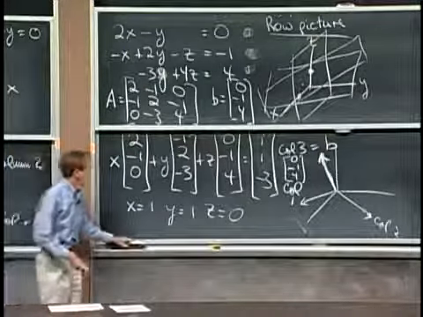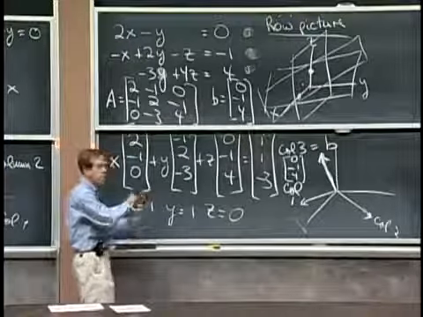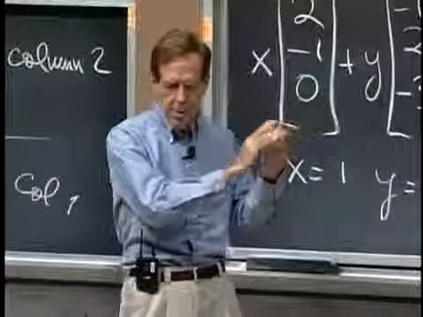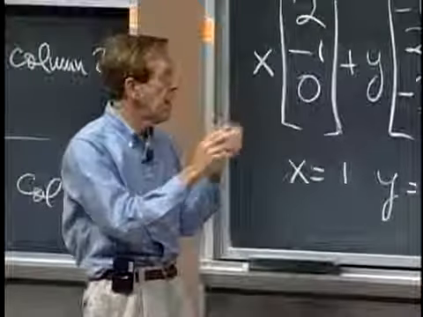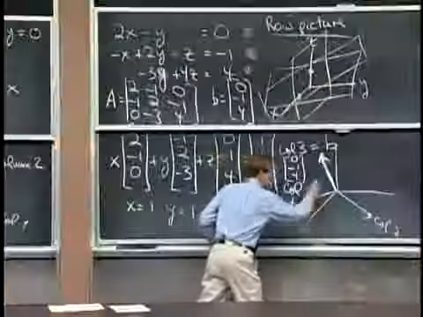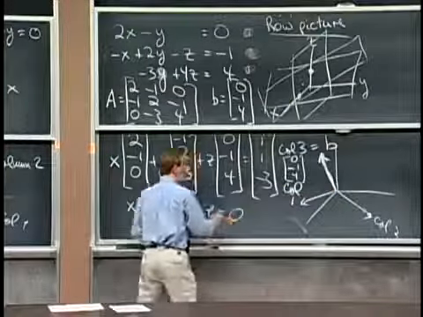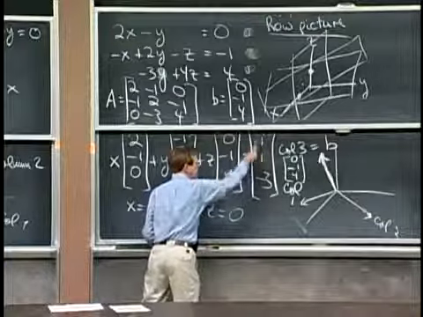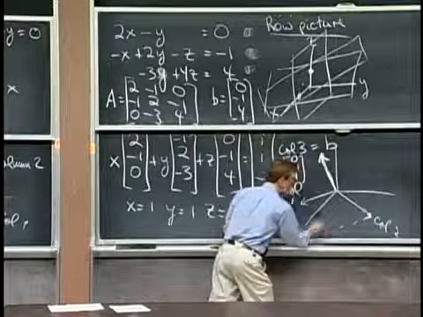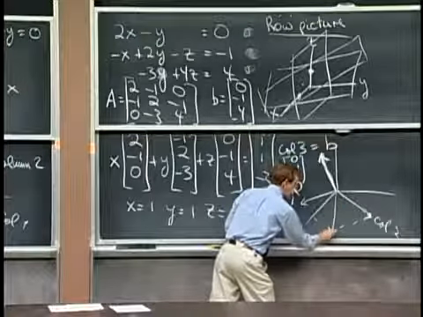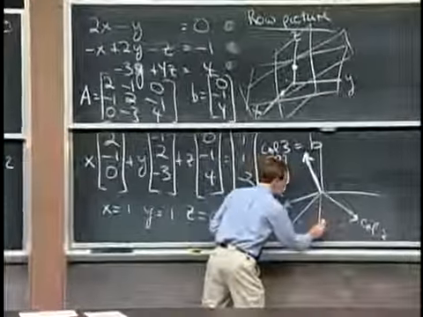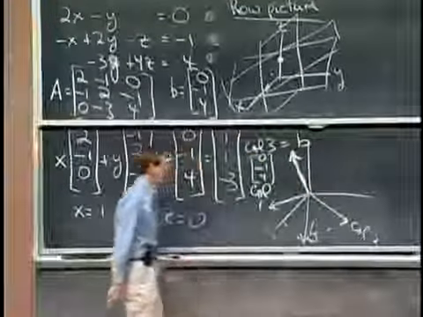So in the row picture, I have 3 new planes meeting now at this point. In the column picture, I have the same 3 columns, but now I'm combining them to produce this guy. And it turned out that column 1 plus column 2 is the right combination. One of this and one of this would give me the new B.